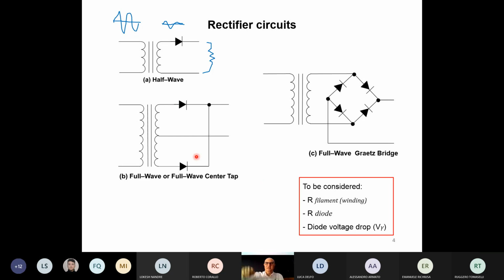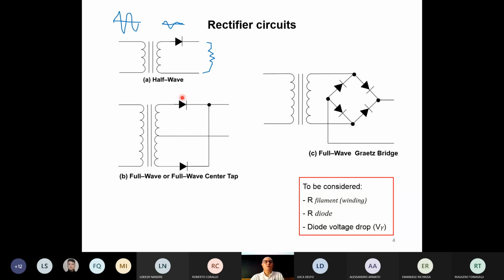Tap is the faucet, sometimes they call it, where the water is coming from. And so what happens here is that you will have a positive voltage with respect to the center tap when you have also negative voltage with respect to the center tap.